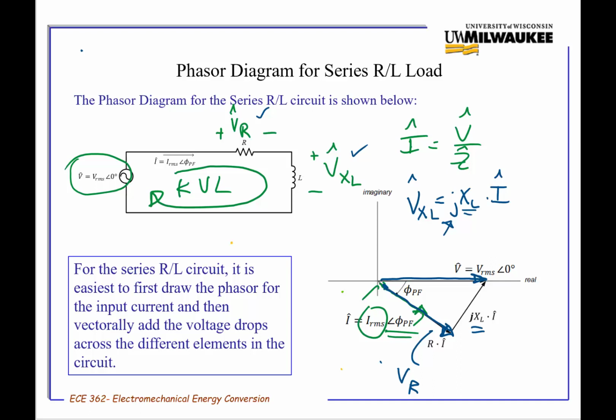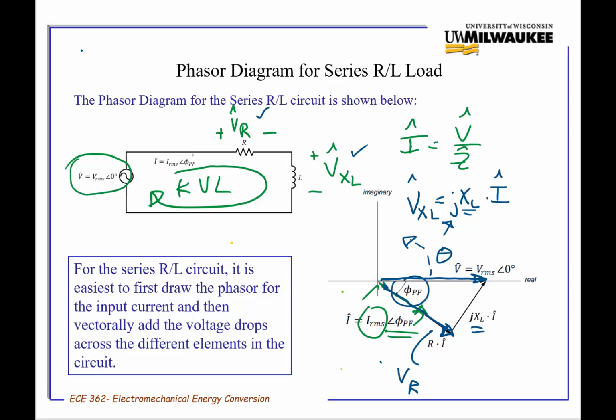And the easiest way to think about it is that j represents a 90-degree phase shift in the positive direction. So we have, by convention, defined the angular movement being positive in this direction, because what we're showing here obviously is a negative power factor angle.